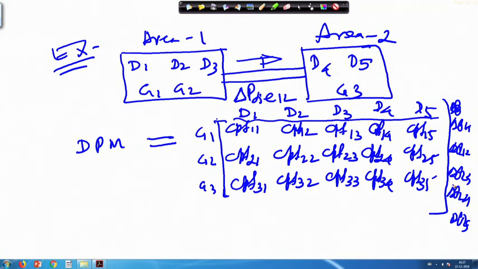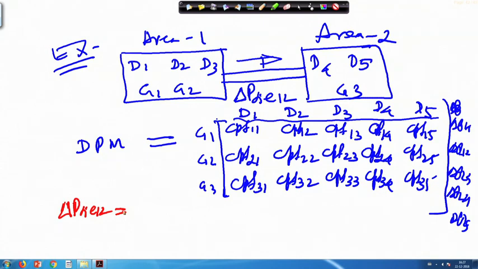Now, what will be the expression? Hold on, I will change the color, right. Now I want to find out what is my expression for delta P tie 1-2, right.